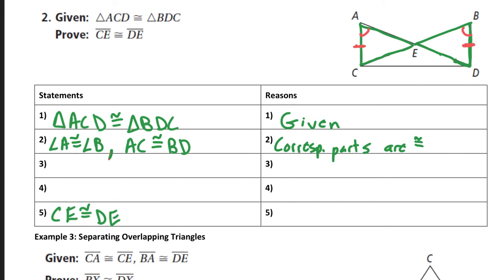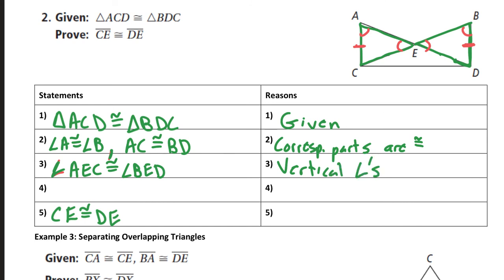The last thing I can say, in green, is that angle AEC is congruent to angle BED, and the reason I can say that is our good old-fashioned vertical angles.